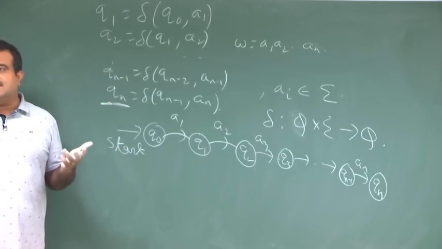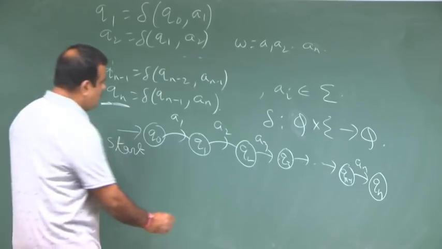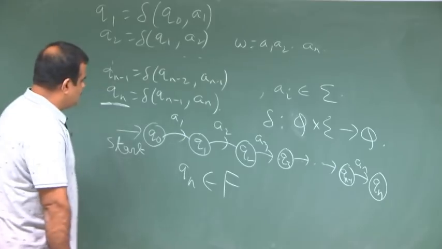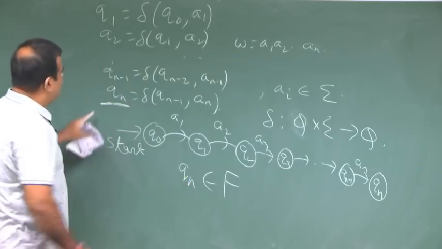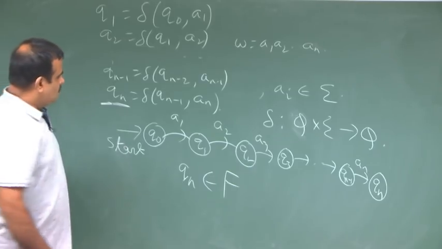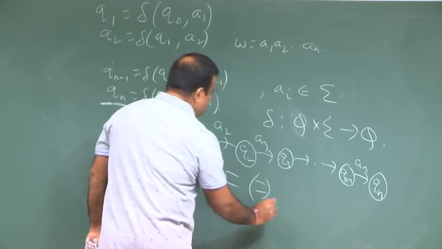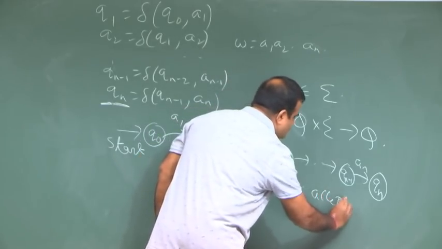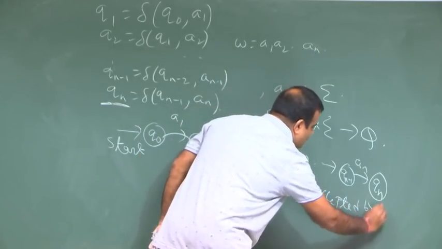Now, if qn is a final state, then we say this string W is accepted by the DFA.